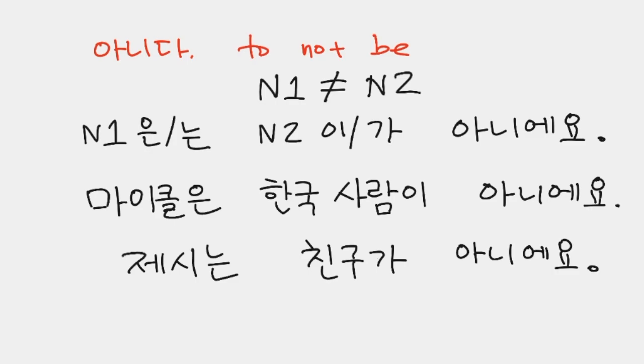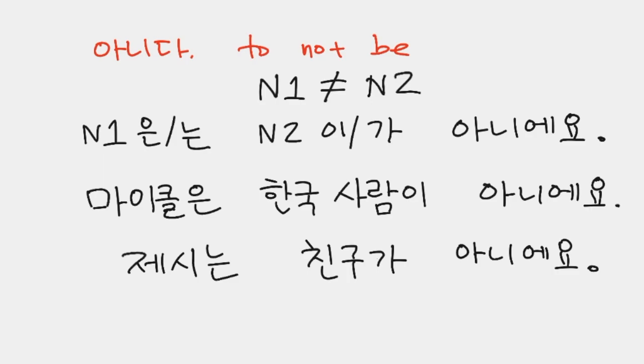But if I'm just saying this to someone I know, and that person knows what I'm talking about, I already built this context. Jesse is not my friend. So the context of that conversation implies that Jesse is not my friend, even though literally I only say Jesse, friend, is not. It implies Jesse is not my friend, okay?